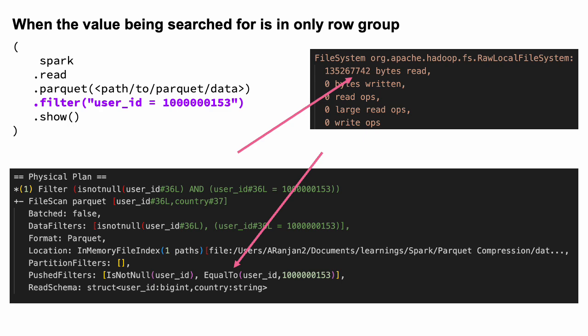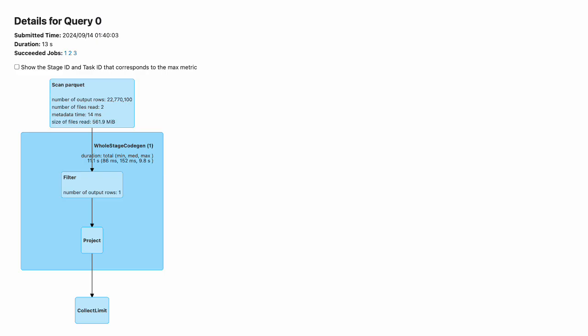So only one row group was scanned. And if we look into the execution plan from the Spark UI, we will see that there were two files read, but overall only 22.7 million records were materialized, and in this case the job took 13 seconds.